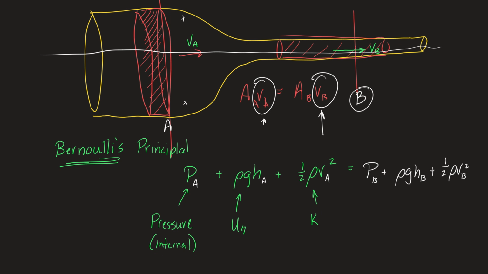Now, what does that tell us in Bernoulli's principle? Well, if we look at Bernoulli's principle, this term and this term are the same because the height never changed. Is that okay? But VB increased, right? So that means the kinetic energy of the fluid is greater. If the kinetic energy is greater, that means the pressure had to drop.